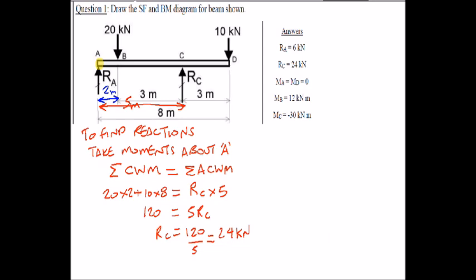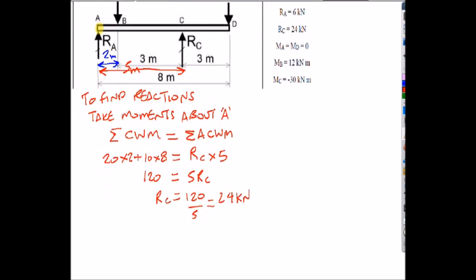To find the reaction RA, what we simply do is add up the upwards and downwards forces. So in this case, the summation of the upwards forces is equal to the downwards forces.